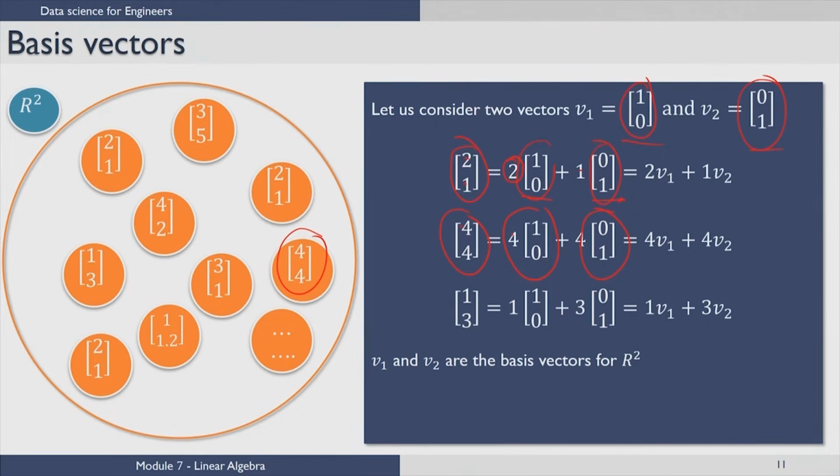Now these 2 vectors are called the basis for the whole space if I can write every vector in this space as a linear combination of these vectors, and these vectors are independent of each other. Then we call them a basis for the space. So why do we want these vectors to be independent of each other?